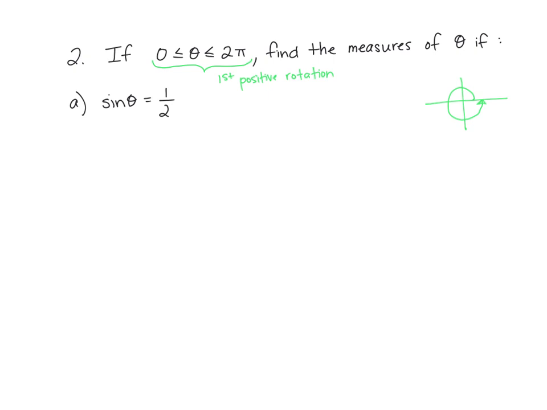Before we get into actually calculating those values, I want to talk to you for a moment. Last year, this would have been for some of you where you may have learned the CAST rule, okay? So you learned the CAST rule to try to help you remember for which quadrants were different ratios positive. I'm going to encourage us to move away from the CAST rule because I think it has some limitations to it.